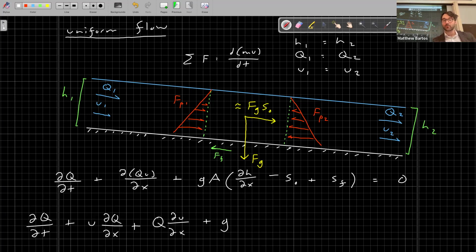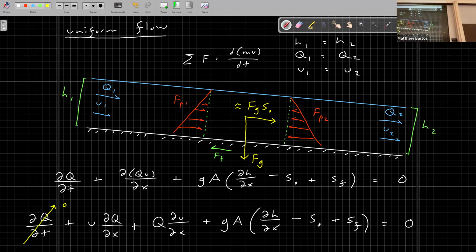To this, we're going to add our forces: g times A times the quantity dh/dx minus the bottom slope plus the friction slope is equal to 0. Okay, so first of all, for uniform flow, we're always talking about steady state conditions. So this first term, the time varying term, is 0. Uniform conditions apply only for the steady state case.